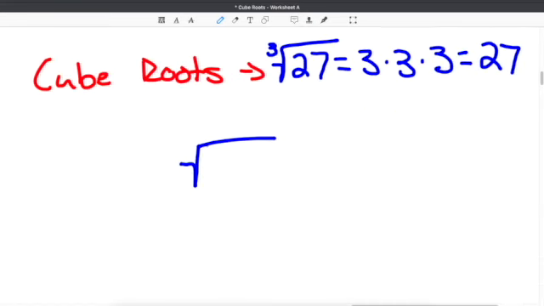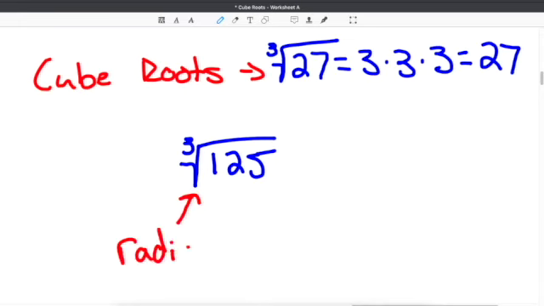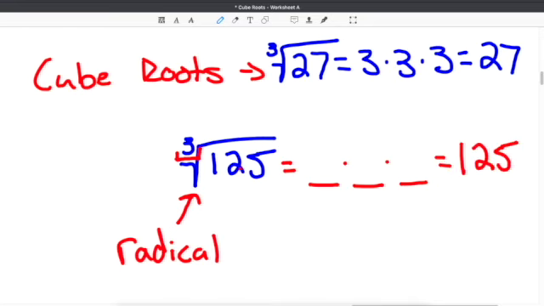Cube roots are also different in the way they look in terms of their radical symbol. If you were given the problem to find the cube root of 125, we would know that we are looking for the cube root because our radical symbol has this 3 embedded into it. Now that 3 means you are looking for what number times itself 3 times will get us back to our original number, in this case 125.